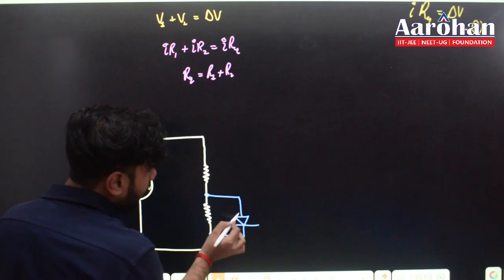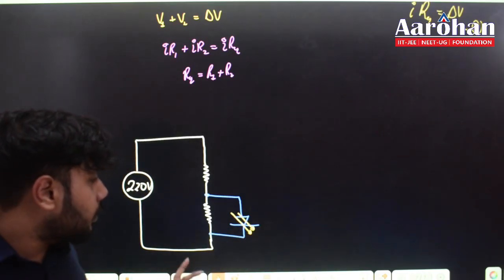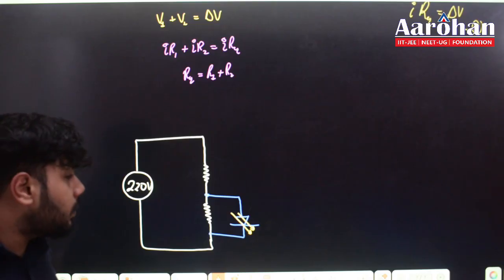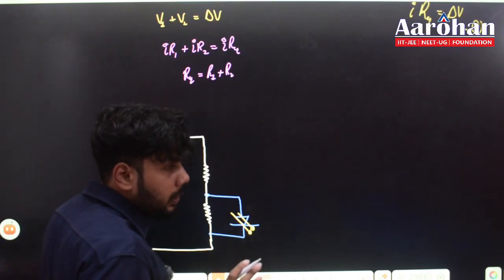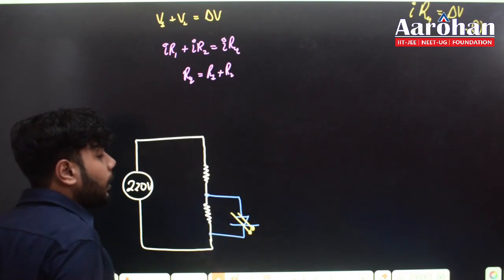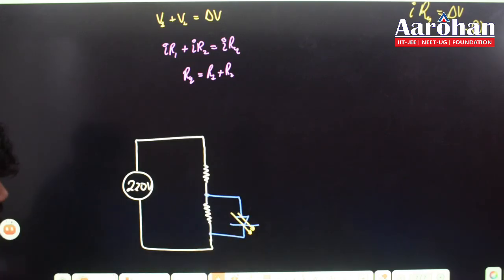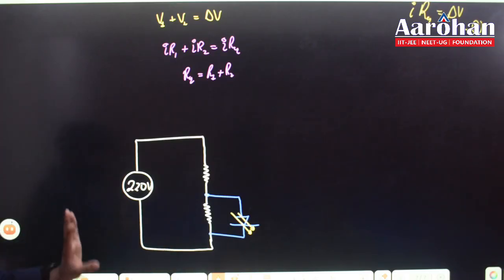An LED is a very fragile device. You don't want the potential difference across the LED to be too high. What you want here is approximately 3 to 4 volts between the terminals of the LED, so you don't harm the LED.